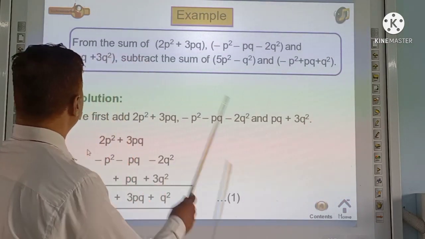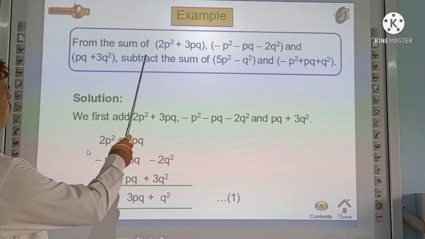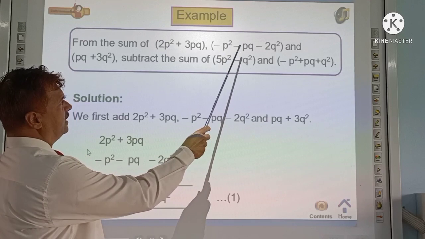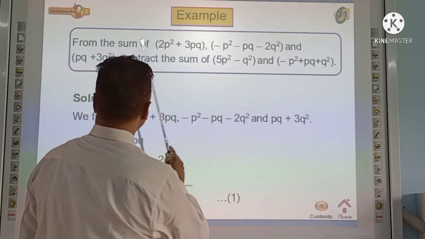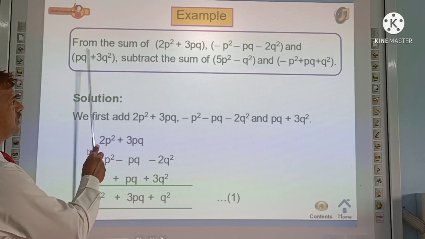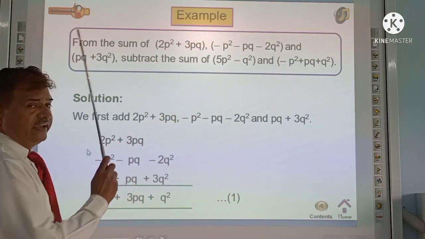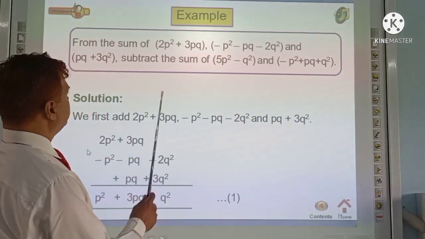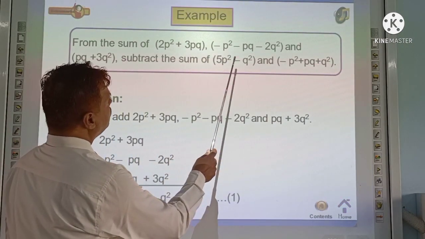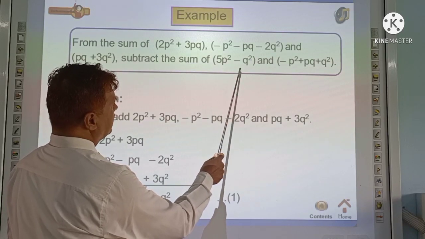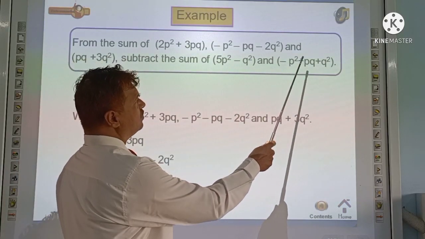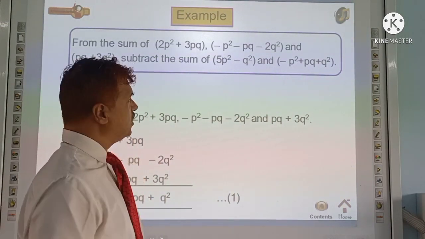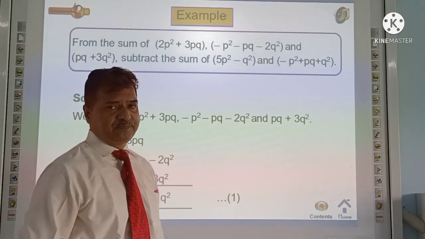Students, the sum of 2p square plus 3pq, minus p square minus pq minus 2q square, and pq plus 3q square, these three expressions will be added. Okay, it is the first step. Second step, subtract the sum of 5p square minus q square and minus p square plus pq plus q square. In the second phase, we will add these two expressions.